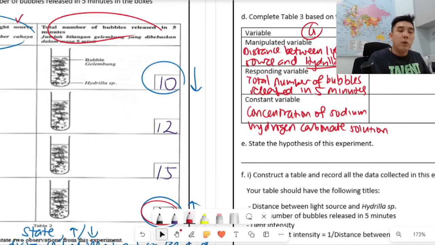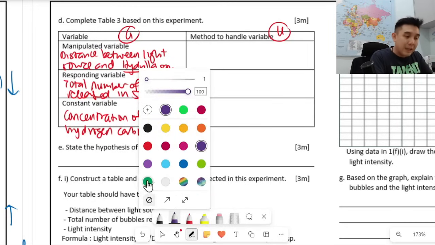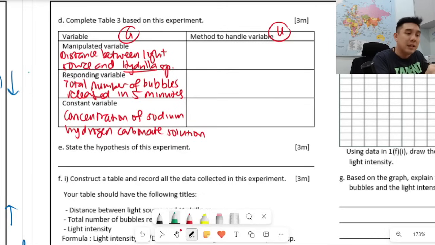Now, for the more important part, which is method to handle the variable, it is the same as what we did previously in the previous video. Guys, at the start, we always use, okay, let's switch to a green, something brighter.